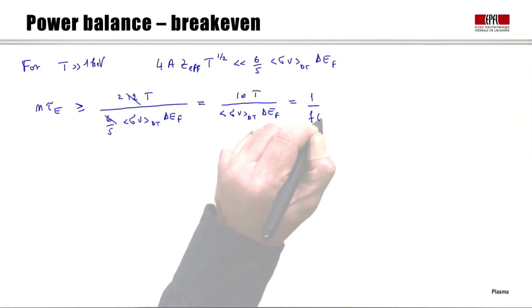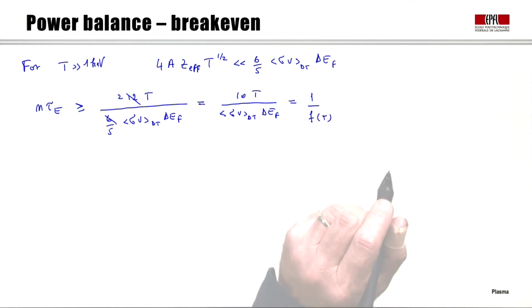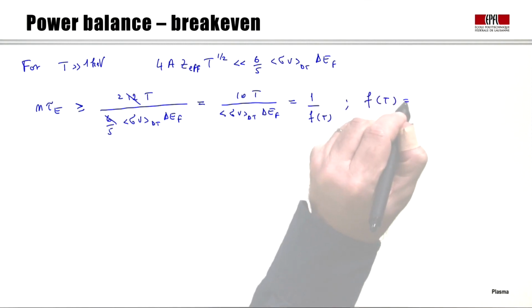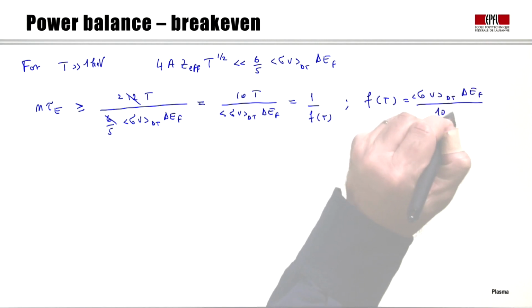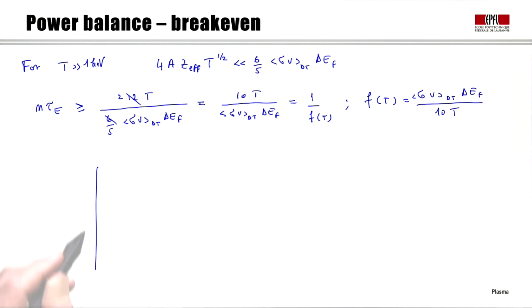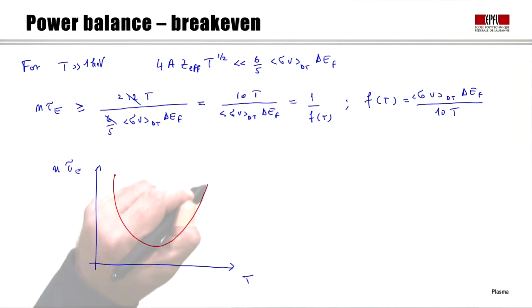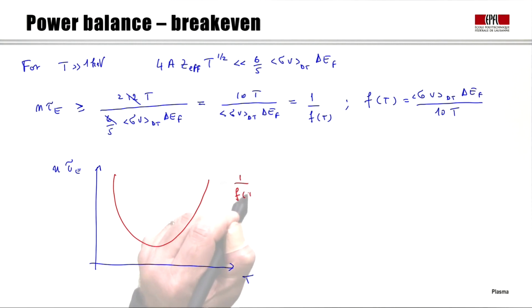We can call this 1 over f of T. Having defined the function of temperature, and I'd like to underline the fact that it depends upon temperature, through sigma V, which itself is a function of temperature, times the energy of a reaction divided by 10 times T. We can represent this condition graphically, plotting n times tau E on the vertical axis and the temperature on the horizontal axis. The function 1 over f of T is represented by this red curve.